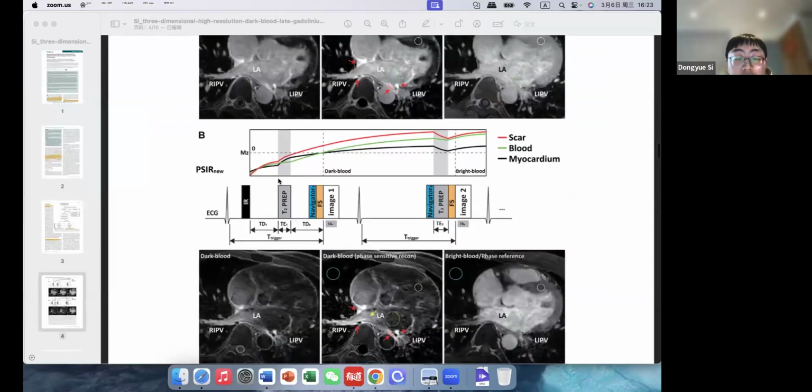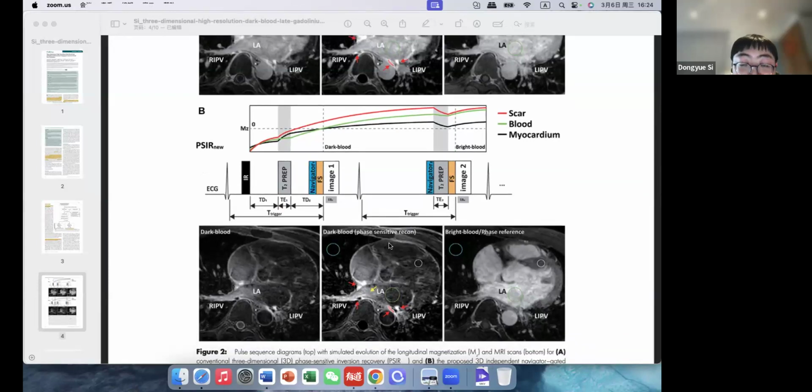For the proposed new PSIR sequence, we add an additional T2 preparation, combined with the inversion recovery to get a dark blood LGE image for the first image. For the second image, we also applied an additional T2 preparation to improve the image contrast between the myocardium and the blood pool, to get a bright blood image for structural imaging.